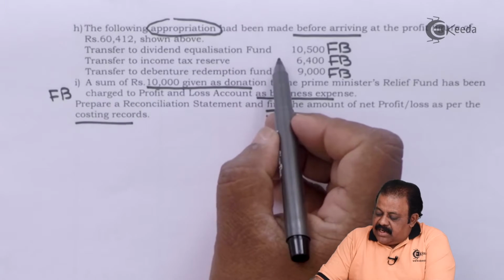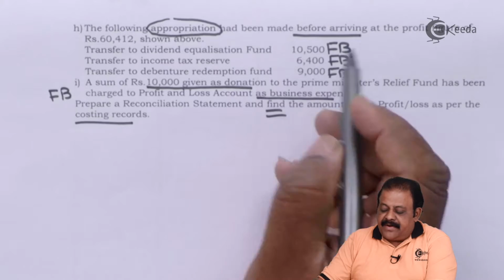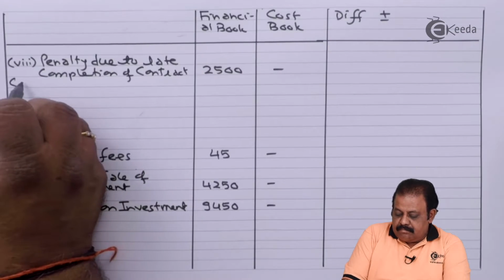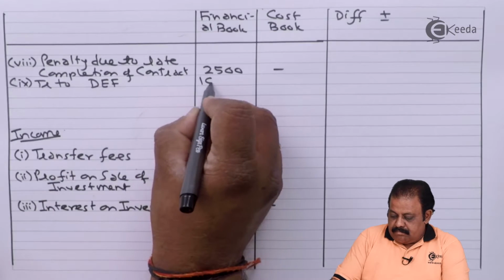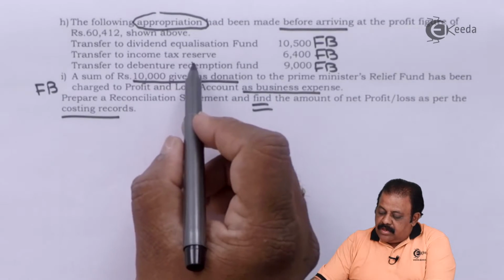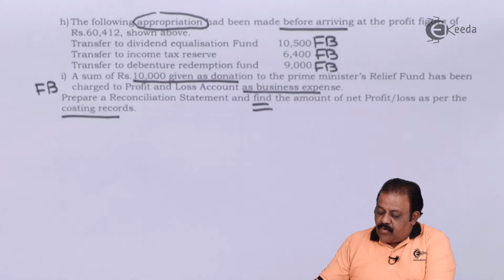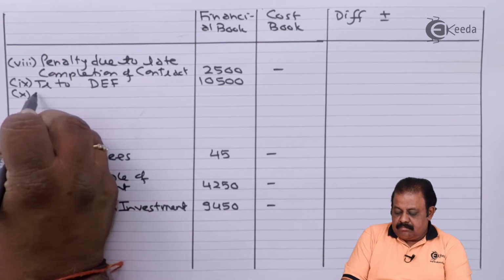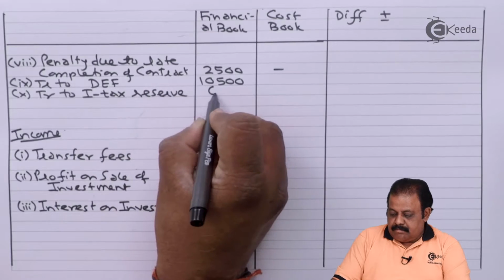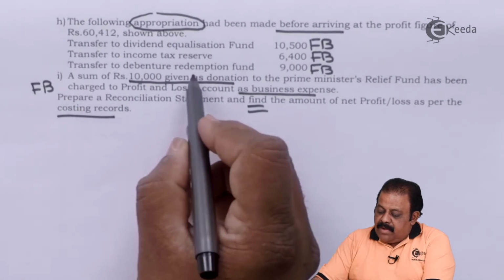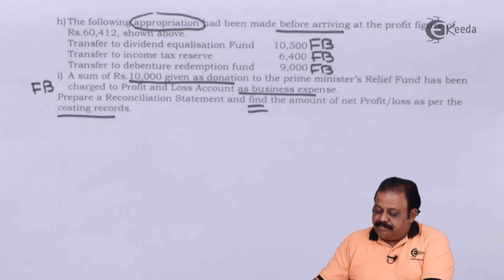Transfer to dividend equalization fund 10,500. Transfer to income tax reserve 6,400. Transfer to debenture redemption fund 9,000.